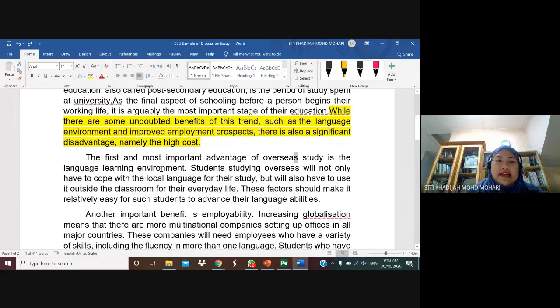Meaning that if they were to ask you what is the topic sentence, you have to copy and paste everything. But if they were to ask you what is the main idea, they are looking for the main idea of the first body paragraph. Meaning that you could paraphrase this. You could put it by using your own words.